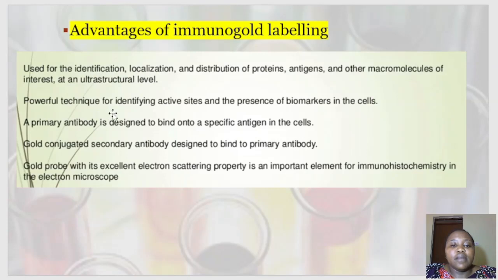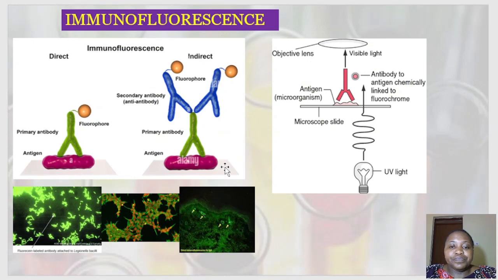It is also a powerful technique for identifying active sites and the presence of biomarkers. Primary antibodies are designed to bind to specific antigens, and when you do gold conjugation, that probe is excellent for electron scattering. That becomes very nice, and better even than immunohistochemistry.